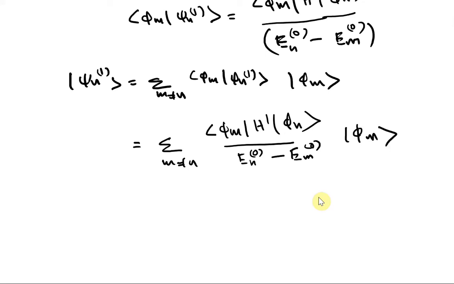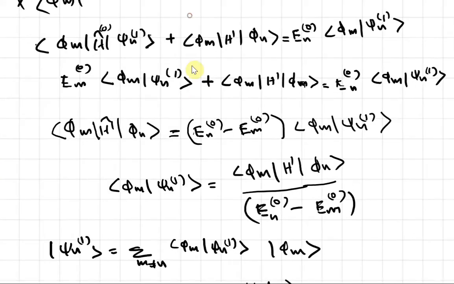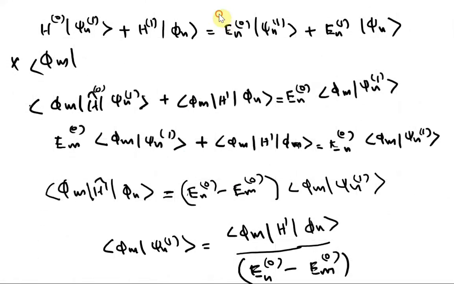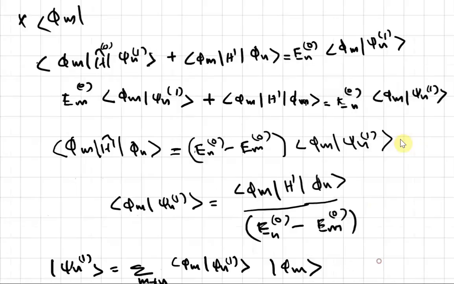So this is going to be the first order correction in wave function psi n1. This is our 12th equation, right? The 12th equation is the first order correction in wave function.